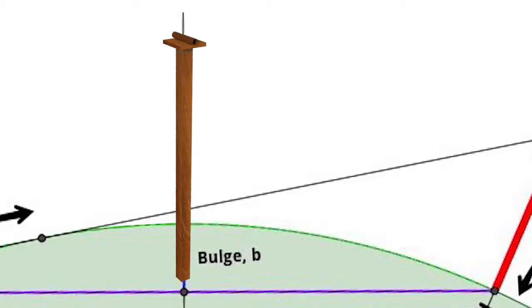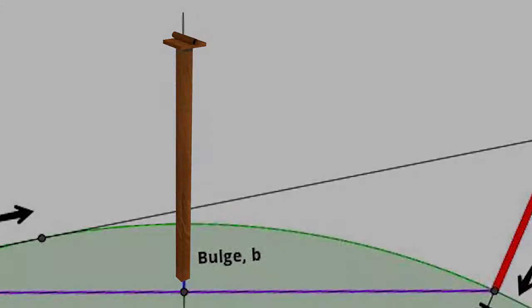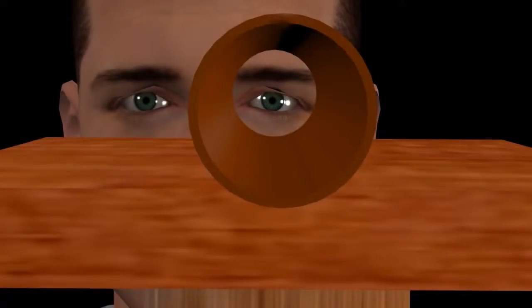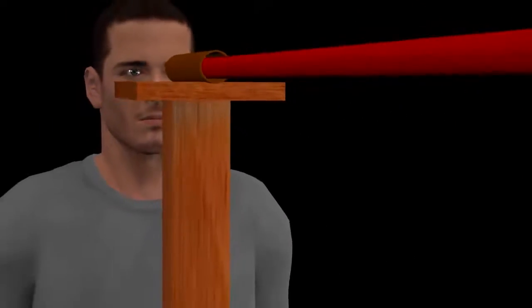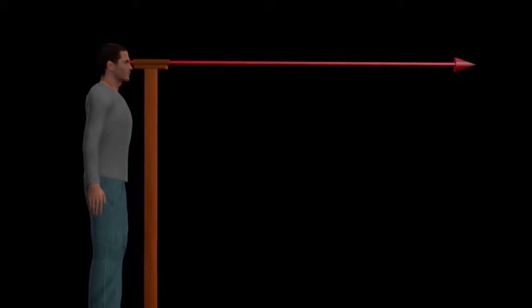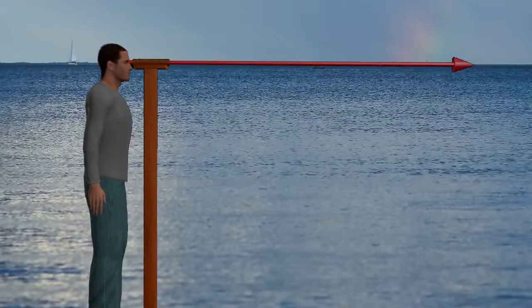But if you have just an empty paper towel tube, you can tape it to the top of it, and then stand behind it such that your eyeball is looking right through it. And then just look straight ahead through this forced experiment right here that keeps everything looking straight. And I would suggest you do this at a beach somewhere so you don't have to deal with the topography of the land.